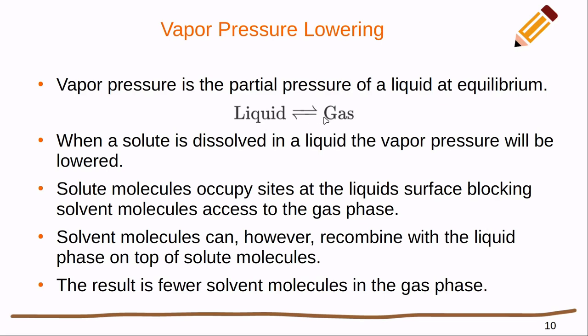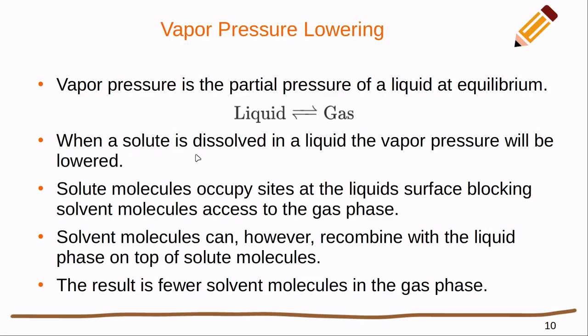The net change will stop, and we won't see any decrease in the volume of the liquid anymore, and we won't see any increase of the concentration of the gas once we've reached our vapor pressure.